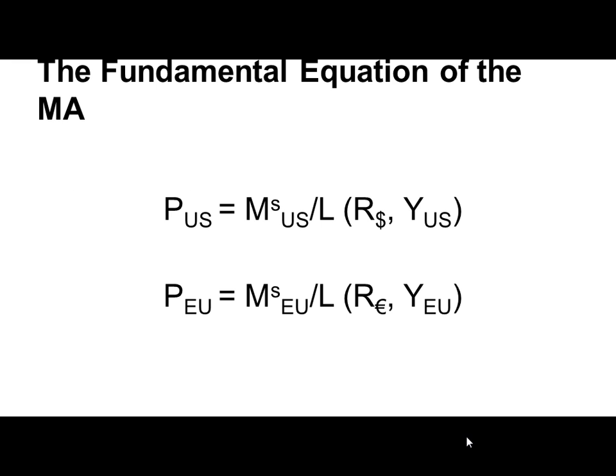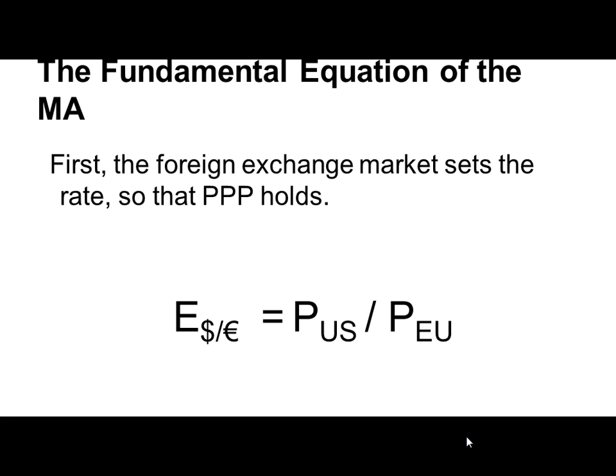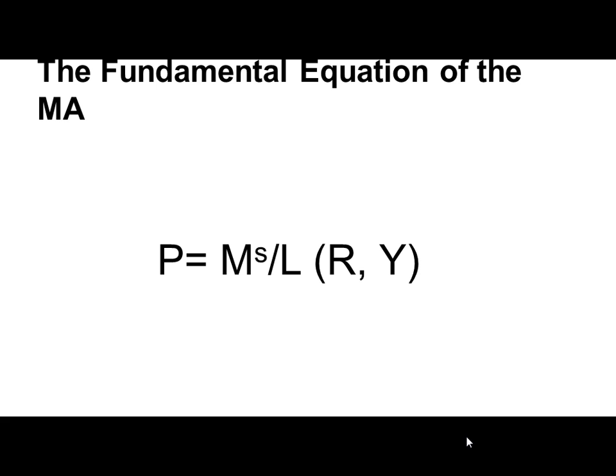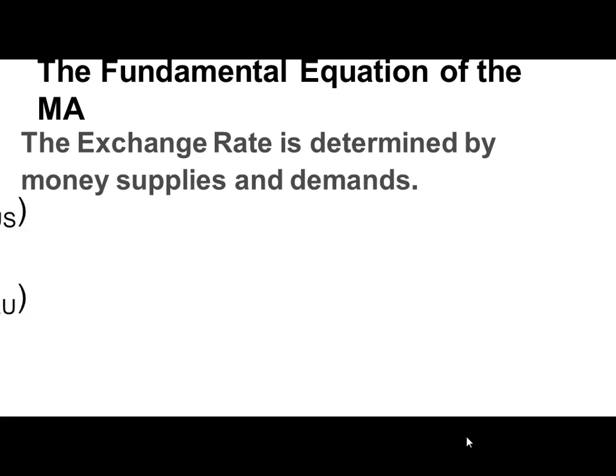When we see this equation, we can see that the price level is determined by money supply and money demand. And remember PPP: the price levels determine the exchange rate. So we can say that the exchange rate is fully determined by money supply and money demand.